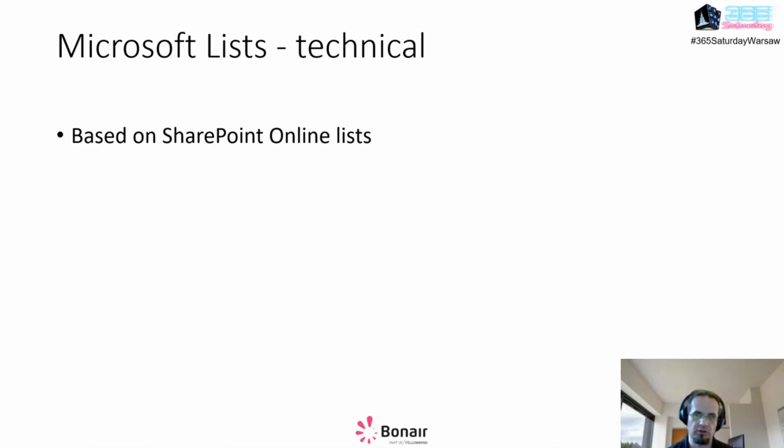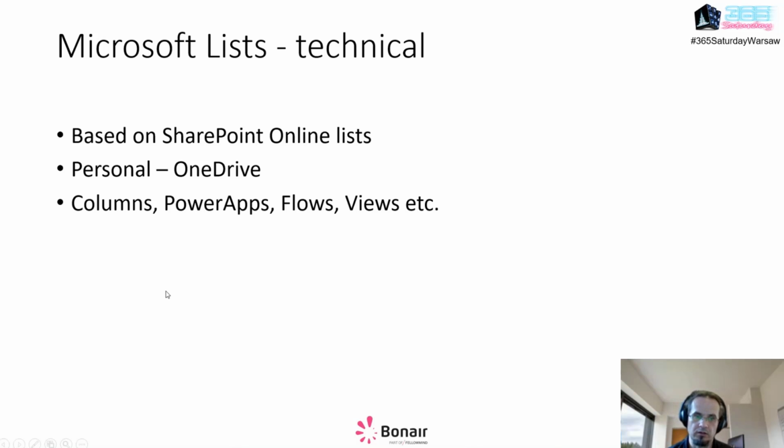Yeah, so Microsoft List is based on SharePoint Online List. So behind we have fully powered SharePoint Online List with content types, columns, views, etc. If we save our own personal Microsoft List as our personal list, it will be saved in my own OneDrive. Yes, because it's based on SharePoint, we can use columns, content types.